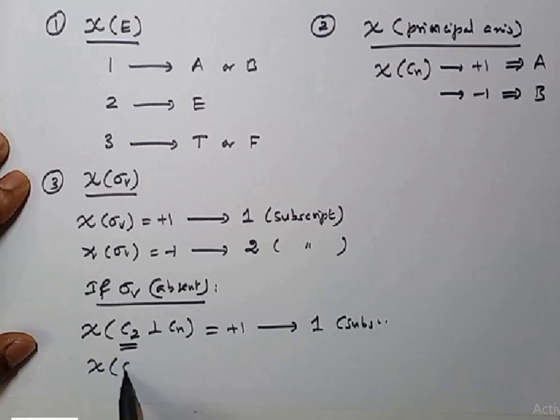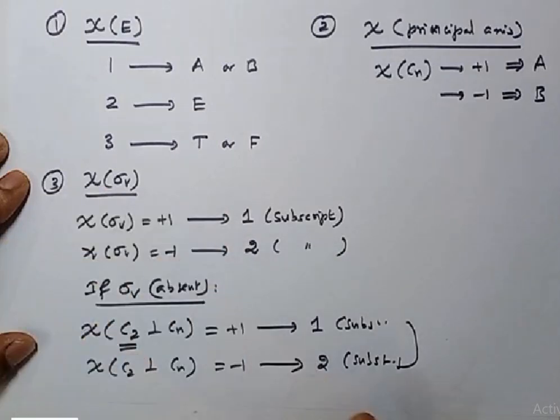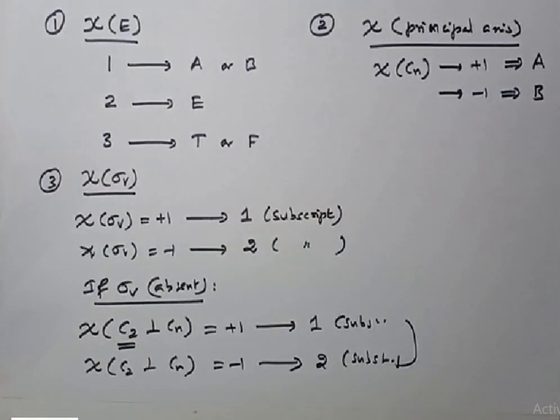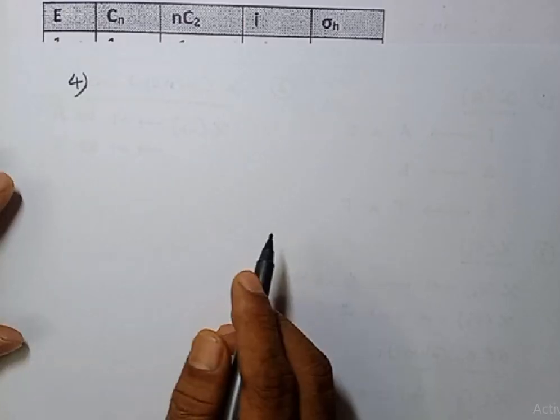If the character for C2 perpendicular to Cn is -1, then give number 2 in the subscript. When do we have to use this? If the vertical plane is absent, then you can see C2 perpendicular to Cn. Take note.